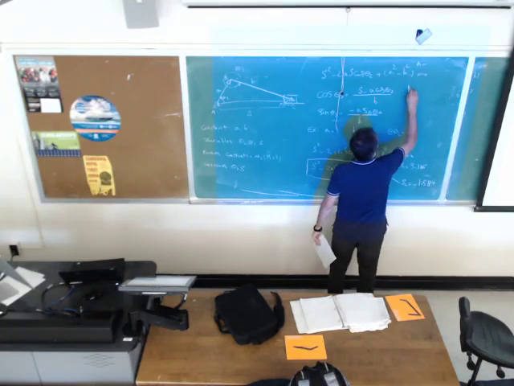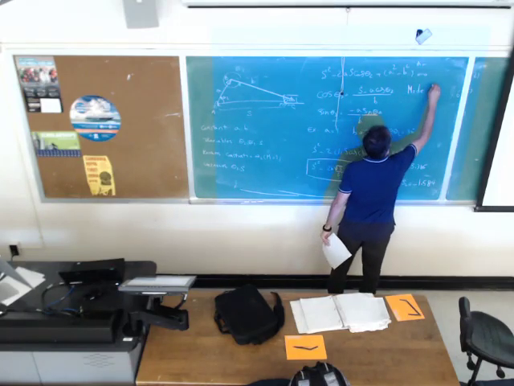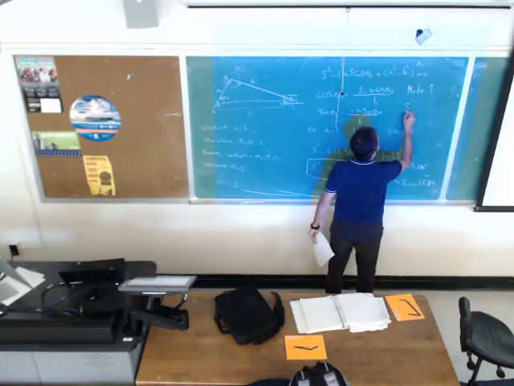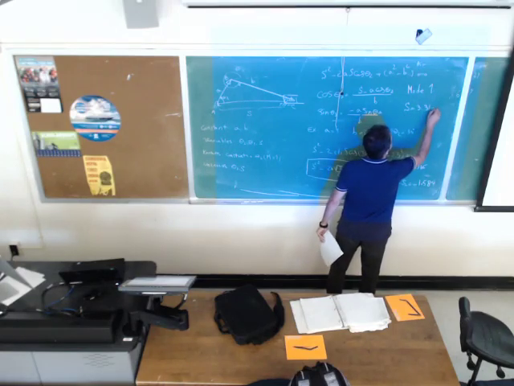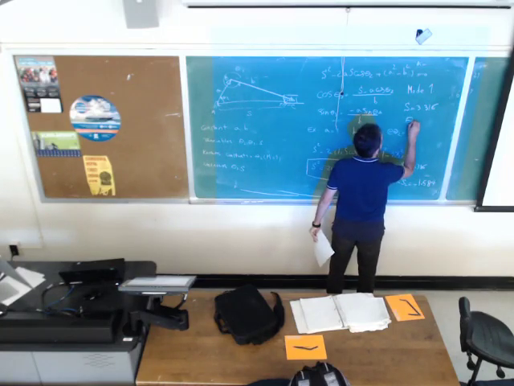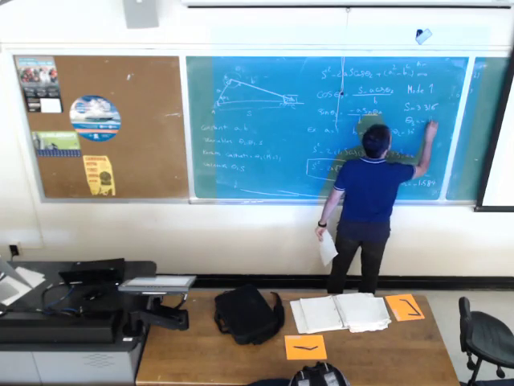So mode 1 has S equals 3.316, theta 3 equals negative 11.34.